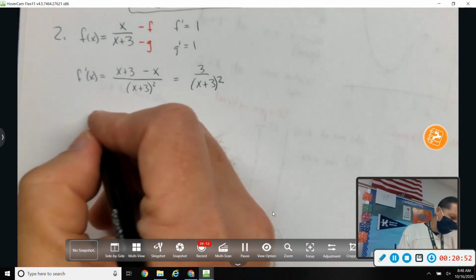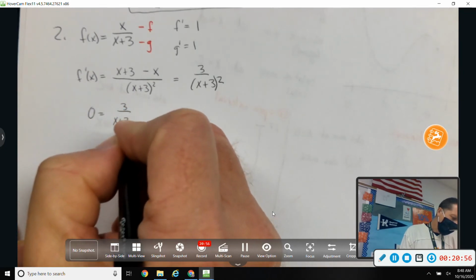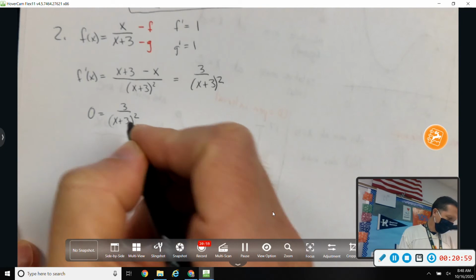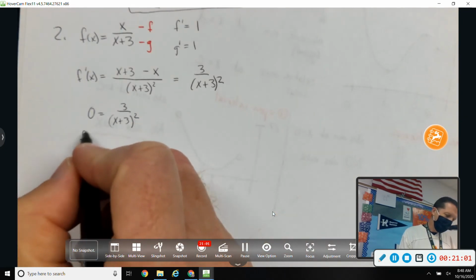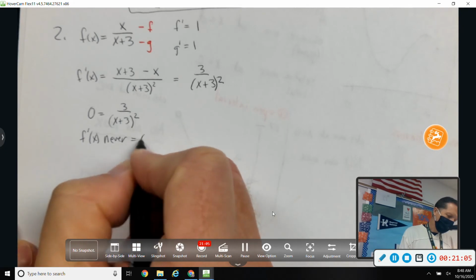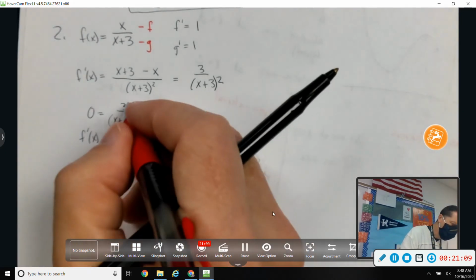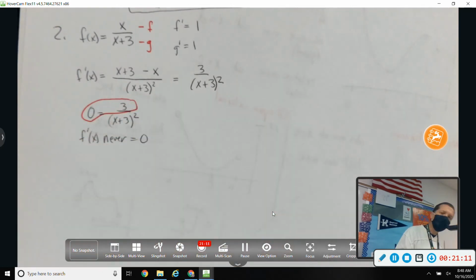And so we want to know where it's 0. Well, f prime is never 0, because the only thing that makes a fraction 0 is if the top is 0. So I'm never going to have a 0 for an answer there.